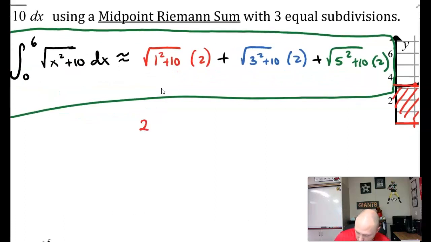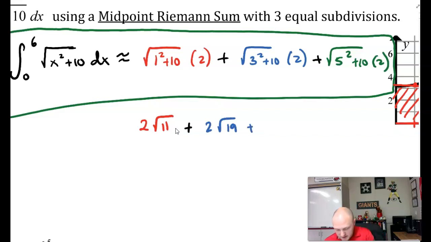This is obviously 2 times the square root of 11. 1 squared plus 10 is 11, so 2 root 11. Plus, here we have 2 root, what is that, 19? Let me make that in blue for you. So 2 square root of 19.